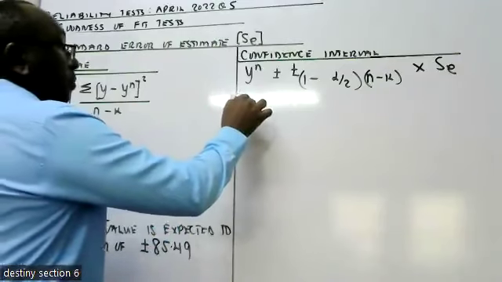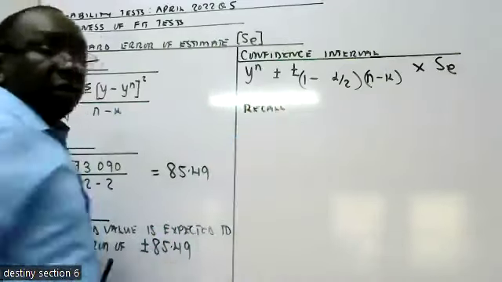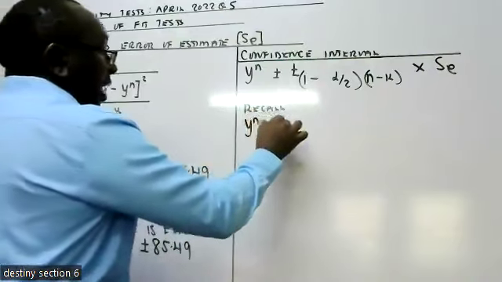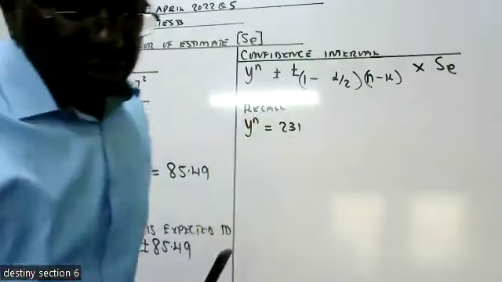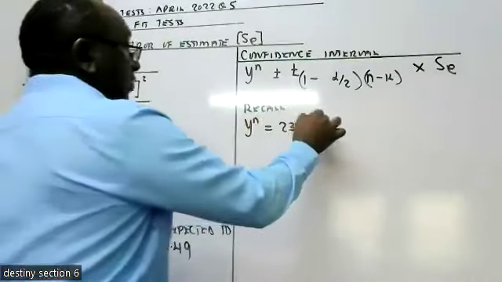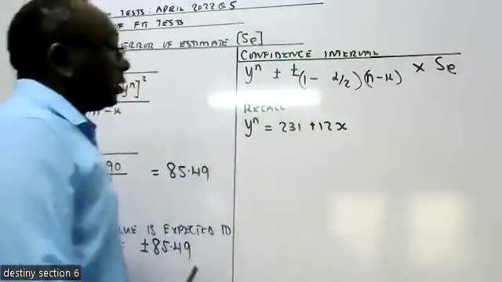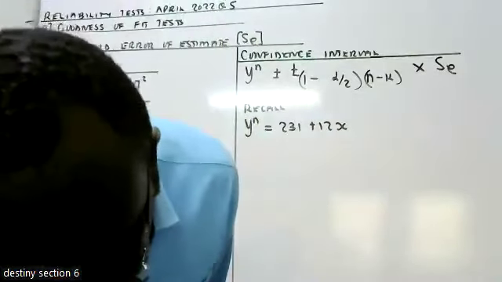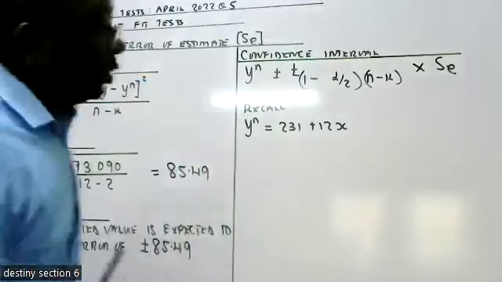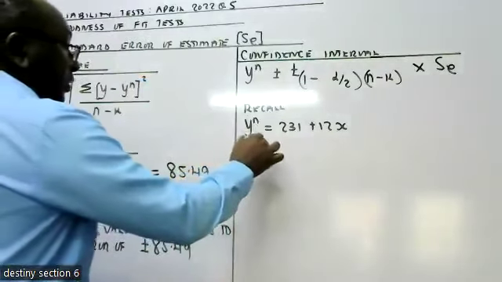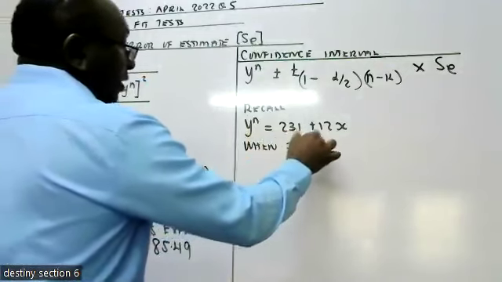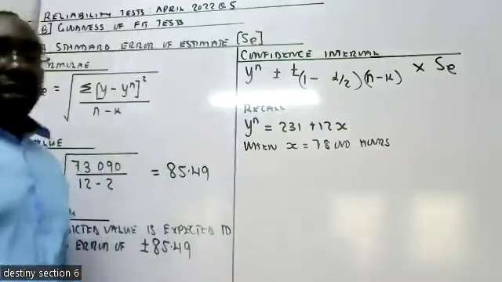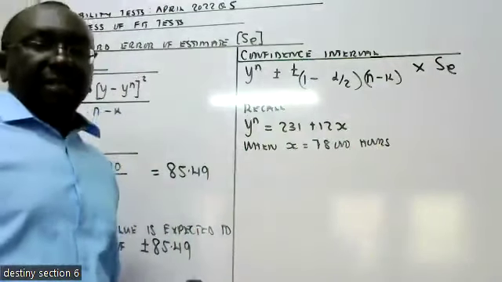So recall that our equation is Y predicted equals 2.1 plus 12x. So when x is 78,000 hours, I'm using the figure that is given in the question.